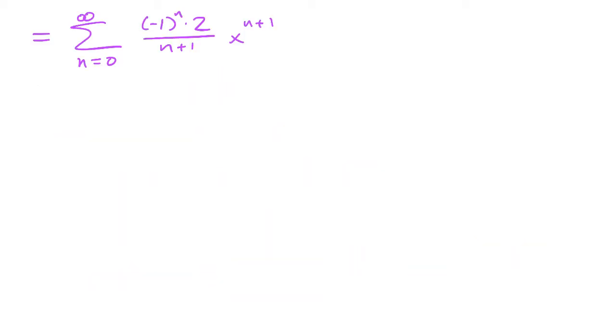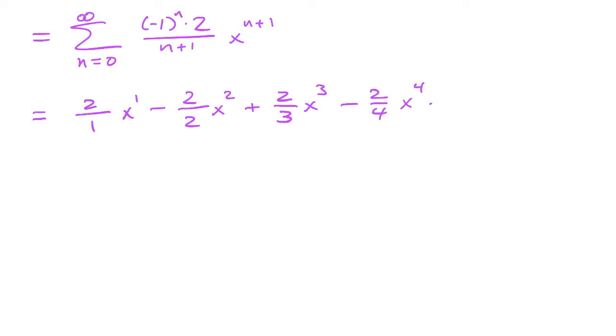Just taking that series and plugging in values for n: when n is 0, I get 2 over 1 x to the first power, minus 2 over 2 x squared, plus 2 over 3 x cubed, minus 2 over 4 x to the fourth, plus 2 over 5 x to the fifth, and so on.